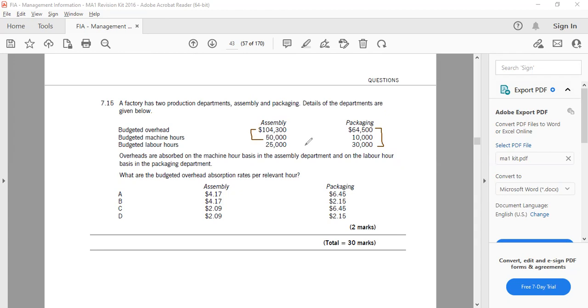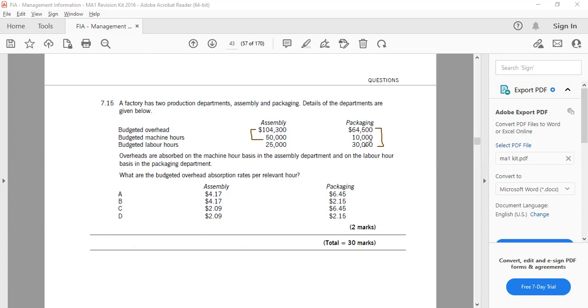What about packaging? Small question: for packaging, why are we taking all the three numbers? What three numbers? Like 64,500 to 30,000.